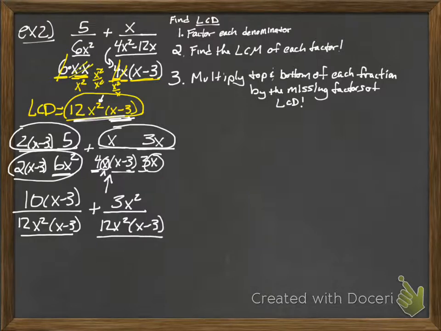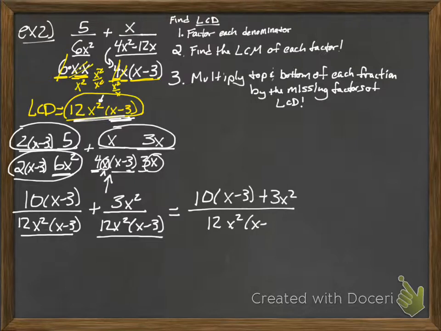Now that those are common denominators, I can combine the numerators. So I can write this as 10 times x minus 3 plus 3x squared, all of that over my common denominator of 12x squared times x minus 3. Now, just to make this look a little nicer, I'll distribute the 10.